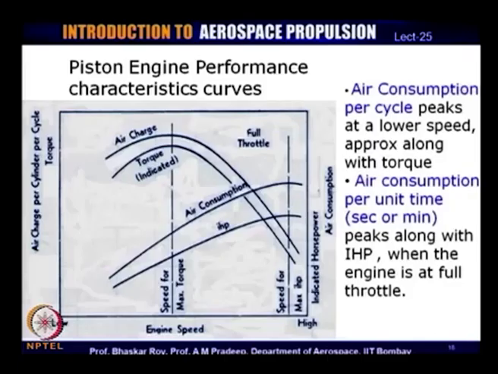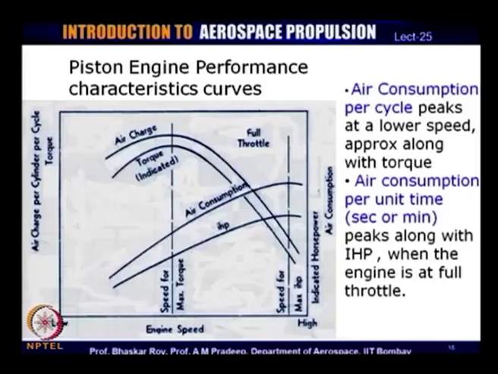As a result, IHP, the indicated horsepower, keeps going up and reaches a high value at high speed. On the other hand, the torque created peaks with the charge consumption per cycle, may not be exactly at the same engine speed, but somewhere around. As a result, high torque is often created at somewhat lower speed, but high power is created at high speed.